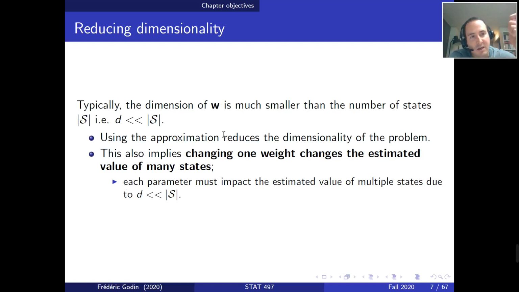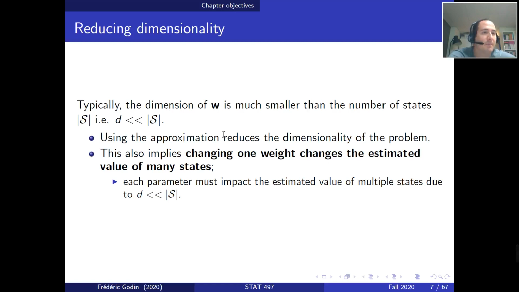So you adjusted the value of a single state at a time. Now, with approximation, you cannot do that, because the parameters are driving the values of many states at a time. So it's not one parameter per state, because there are way more states than parameters. So each parameter must impact simultaneously the estimated value of many states.